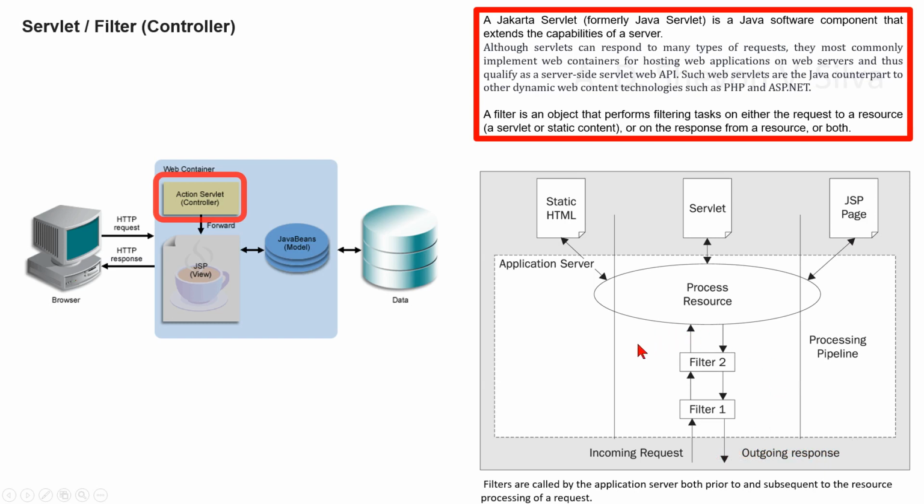This figure illustrates a simplified view of a middle tier server, emphasizing the request and response flow, and showing where the filters fit in the picture. You can see that the filters are positioned in the processing pipeline between the application server and the client.